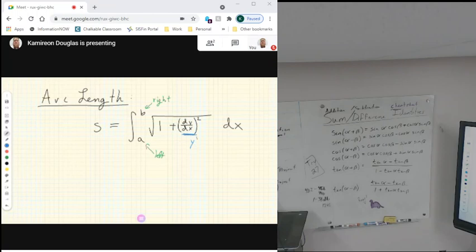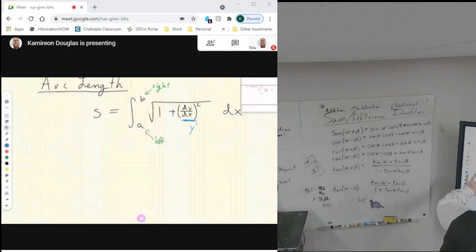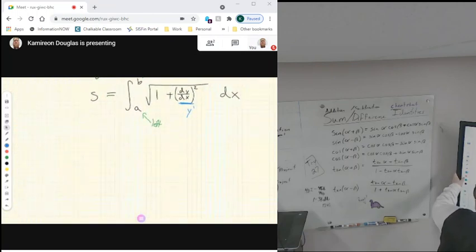This one, we need to go to examples from the text. We're going to determine arc length of the following situations. I'm going to get as much as I can of this. Leave that right there. There we go.